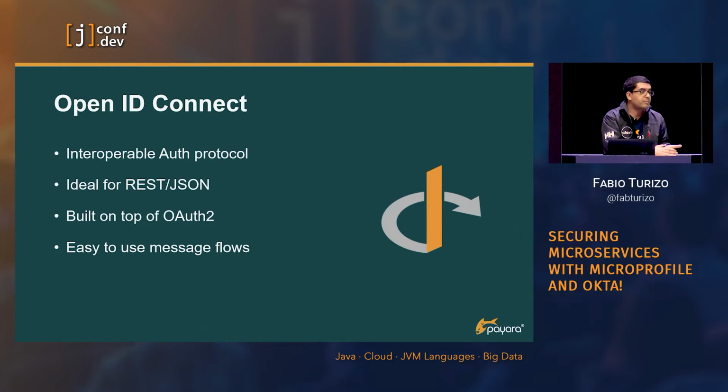It is ideal for microservices because, again, it's built on top of the HTTP protocol, on top of REST and JSON, so any modern application framework can interact with it in any way. It's built on top of OAuth 2, based on what Google created a long time ago, but now it has been completely standardized, and it's easy to use in message flows, because whenever you have an application that interacts with an OpenID Connect authentication and authorization solution, you will interact with a base of flows.